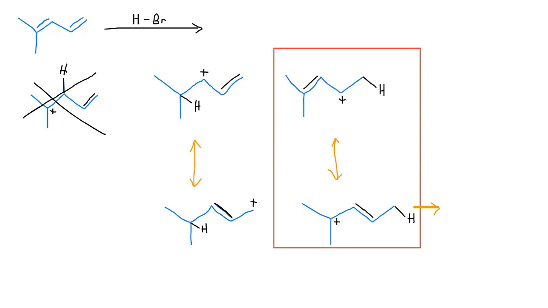We would get this, and the double bond would be here. H would add here, and I'd have a bromine add here. Does that make sense? Yes.